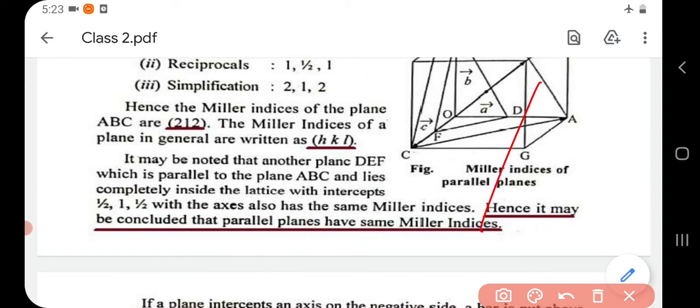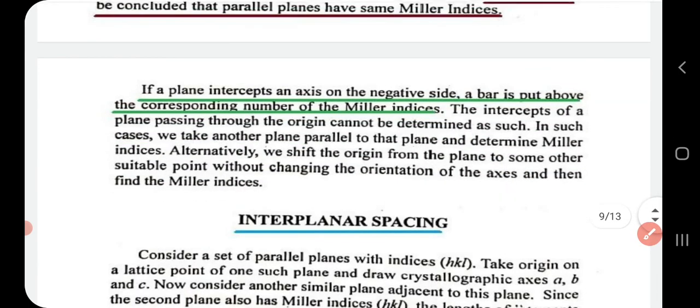Okay, now next, if the plane intercepts an axis on the negative side, which we have already discussed, we just have to put a bar on top of those figures, H K L. Now, intercepts of a plane passing through the origin cannot be determined. How will you find the Miller indices of a plane passing through the origin? In such cases, we have to consider another plane parallel to the given plane and then determine its Miller indices.